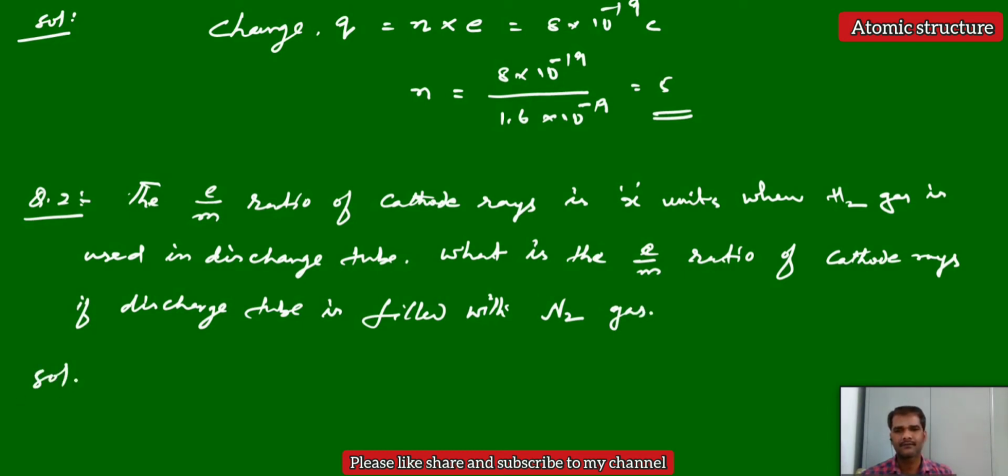This is the question. The question looks a little big, but the answer is very simple. The E by M ratio of cathode rays is X units when hydrogen gas is used, and then what is the E by M ratio with nitrogen?